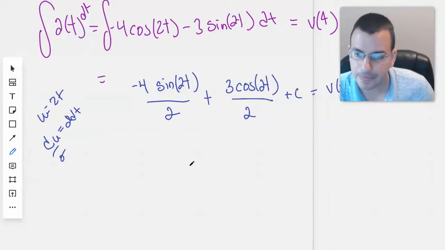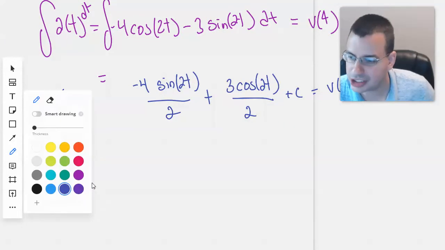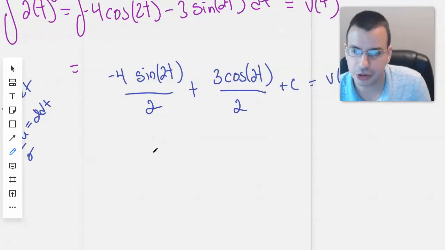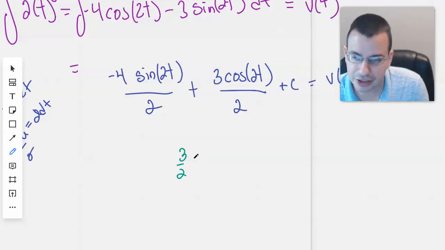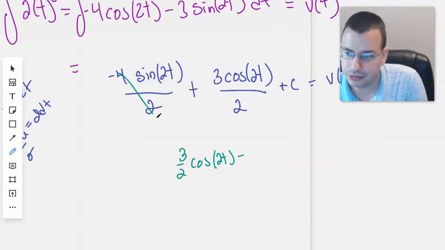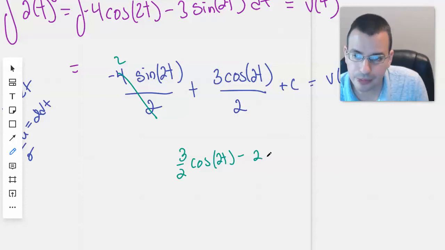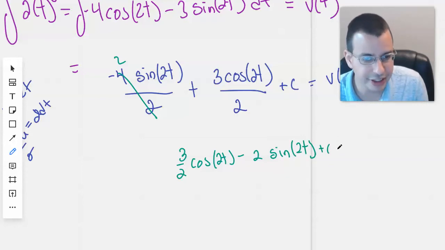Maybe we can simplify things a little bit. So we'll do 3/2 cosine of 2t minus 2 sine of 2t plus c equals velocity with respect to time.